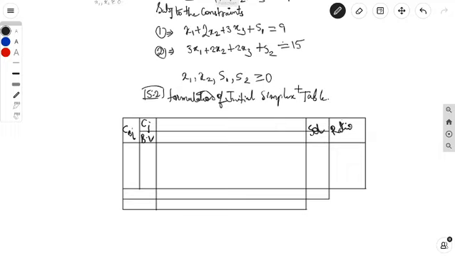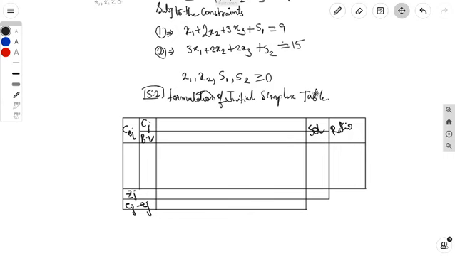Here we have the value of Zj, and here Cj minus Zj. This is the format of the initial simplex table.